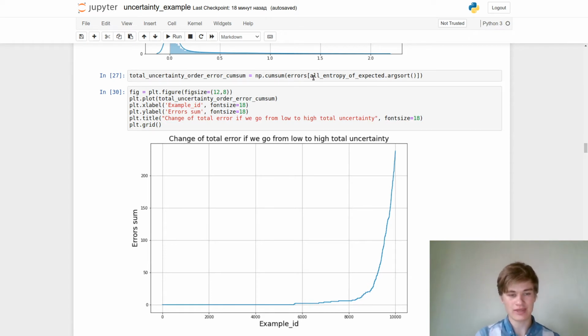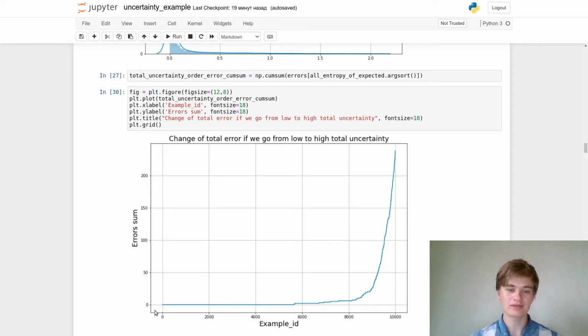Means that in the beginning of our new sorted array there will be examples with low total uncertainty, and in the end we will have examples with a high total uncertainty.